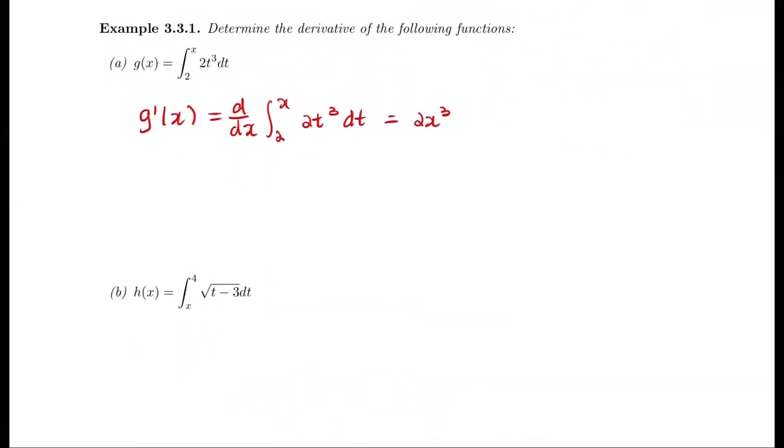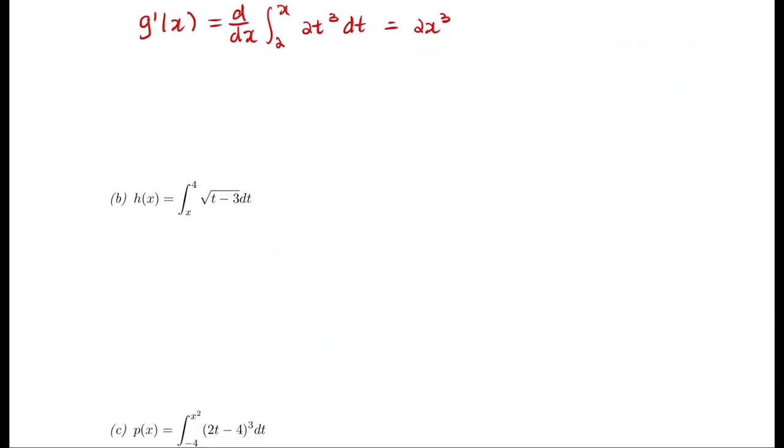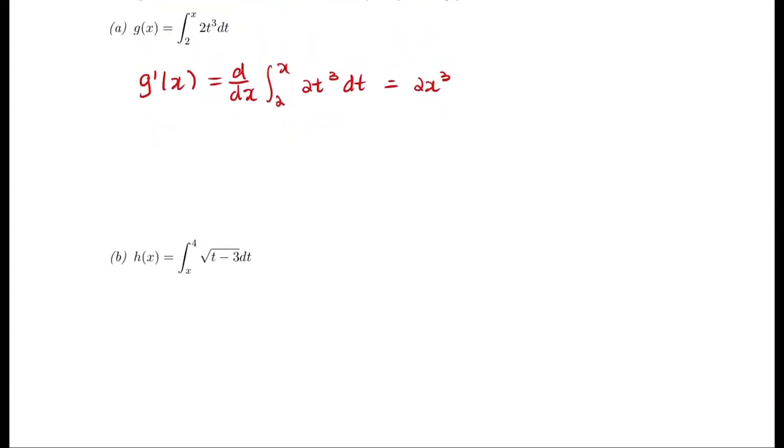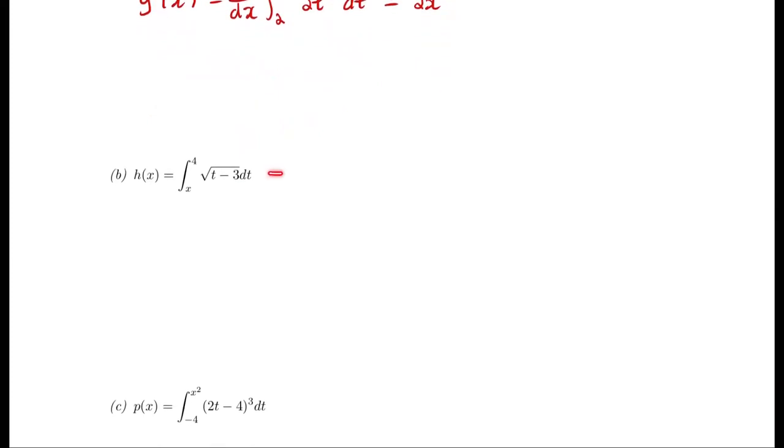Okay. So let's have a look at the next part. We would see here that H of x is the integral from x to 4 of the square root of t minus 3. But we could also rewrite this a little, remembering that if we use property number 10, we would have the integral from 4 to x, but with the negative on the outside, so that'd be the square root of t minus 3 dt.